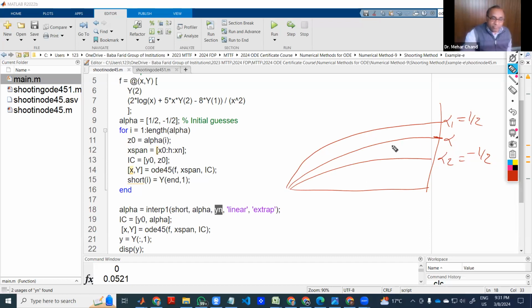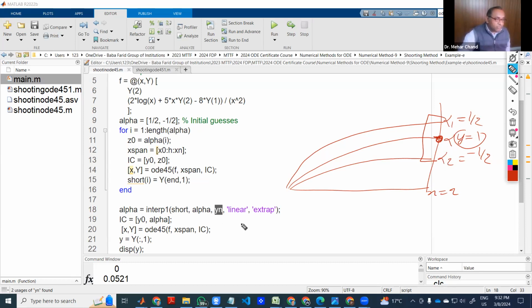So we need to find the value of alpha which will shoot the value at this place, which is y equal to 1 when x is equal to 2. You will initialize from these two values, and this will be fitted with the help of interpolate.